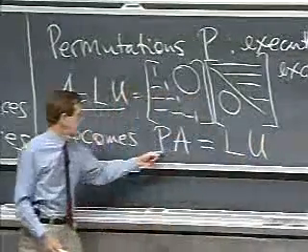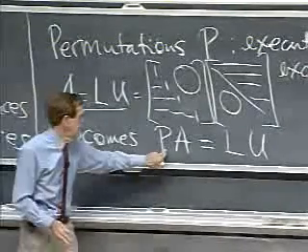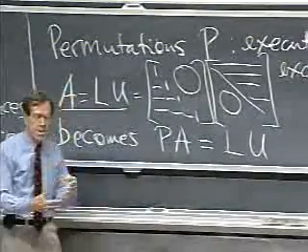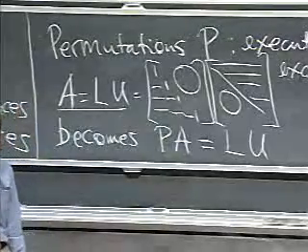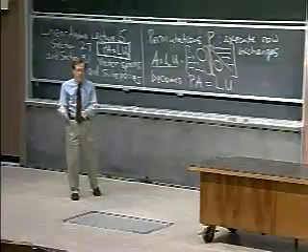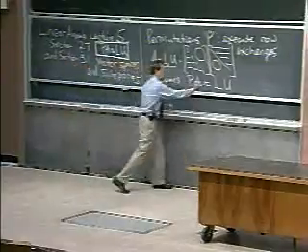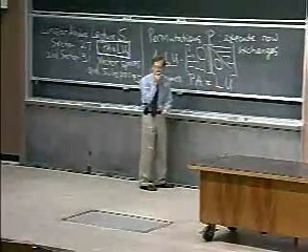And this P is the matrix that does the row exchanges. And it gets the rows into the good order where zeros won't appear in the pivot position, where L and U will come out right as up here.